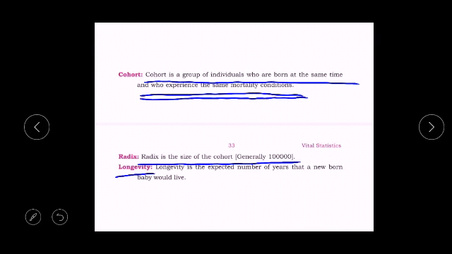It may be 60 years, 65 years, 80 years, even maybe 100 years. It depends on the situations and conditions of a particular location, and it may differ from one location to another.